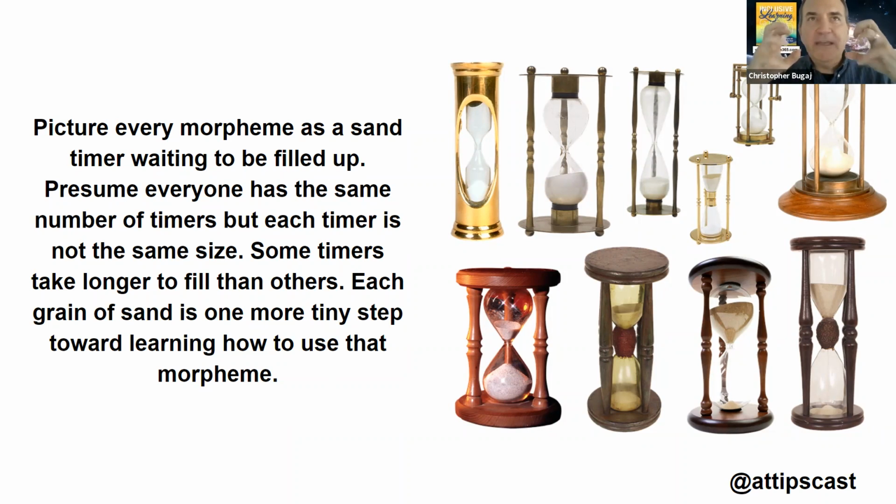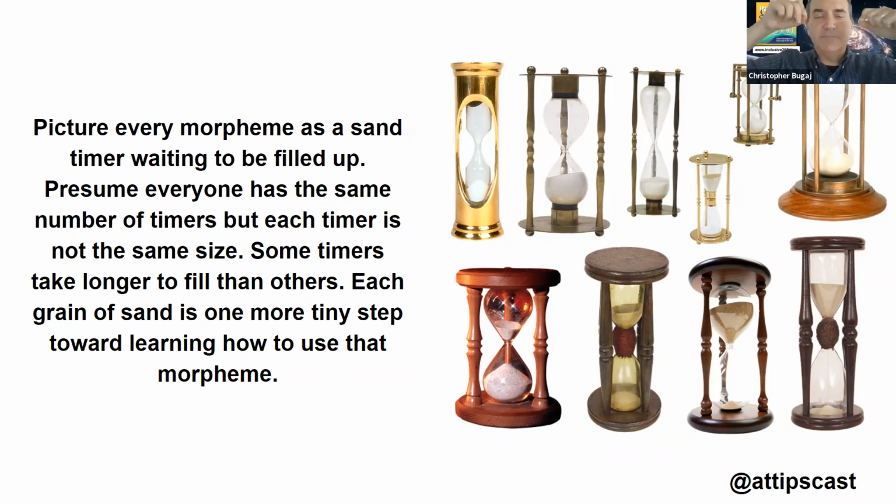If you think of each morpheme as a sand timer, or maybe a bucket, right? And that bucket or sand timer lives in every individual person's head. So there's a bucket for ing, and there's a bucket for go, and there's a bucket for ed, and there's a bucket for do, and there's all the core words, and all of the morphemes are little buckets in your head, or little sand timers in your head. And every time, what you all said is modeling and hearing it and parent correction.